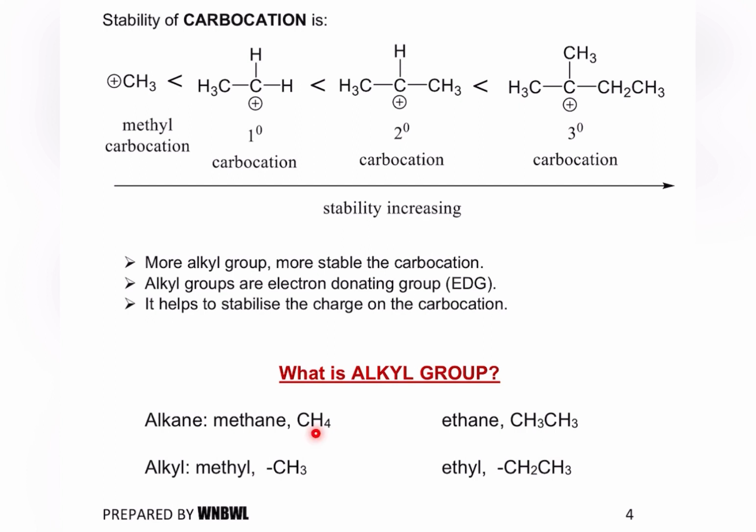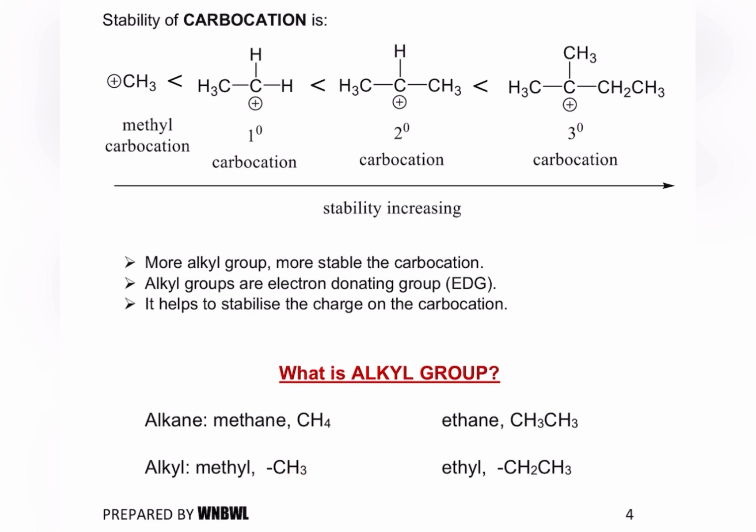So when methane becomes an alkyl group, the name will change to methyl, and the chemical formula will lose one hydrogen, and it will be bonded to something else. So this dash means bonded to something, and the chemical formula will be CH3.